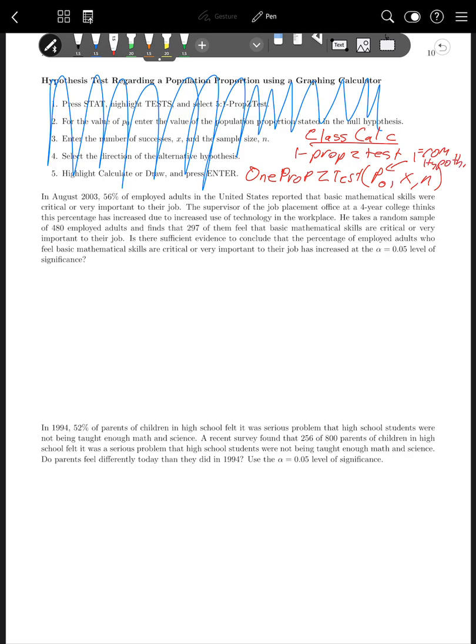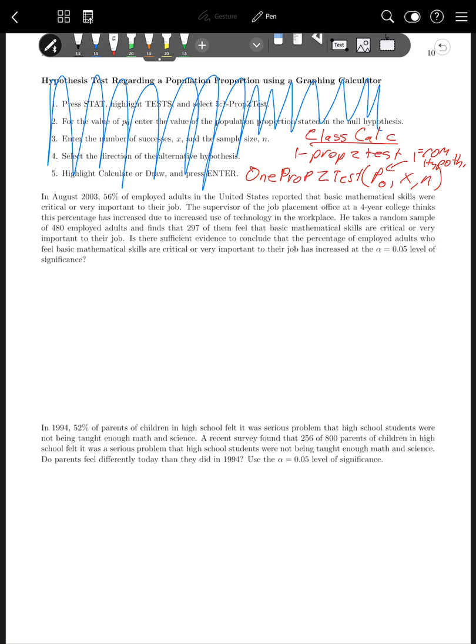Okay, so let's try a problem with this. In August of 2003, 56% of employed adult Americans in the United States reported that basic mathematical skills were critical or very important to their job. The supervisor of the job placement office at a 4-year college thinks this percentage has increased due to increased use of technology in the workplace.